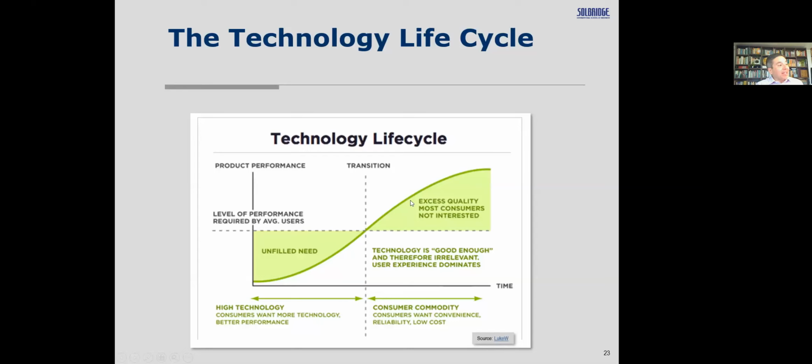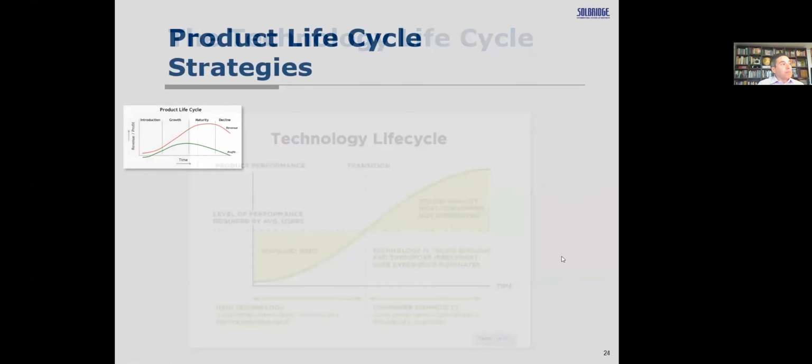The technology life cycle, which we'll have a whole lecture on, will also influence the pricing. So in the early days of a technology, with a high technology, the pricing may be higher. As the technology becomes more of a commodity, the pricing may obviously go down.